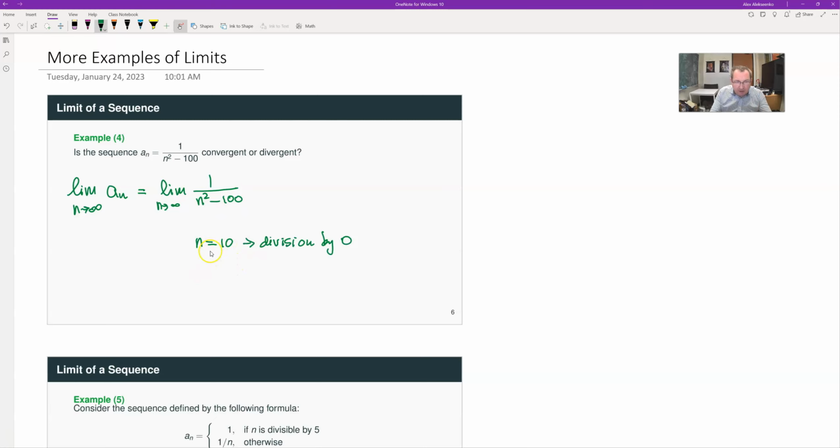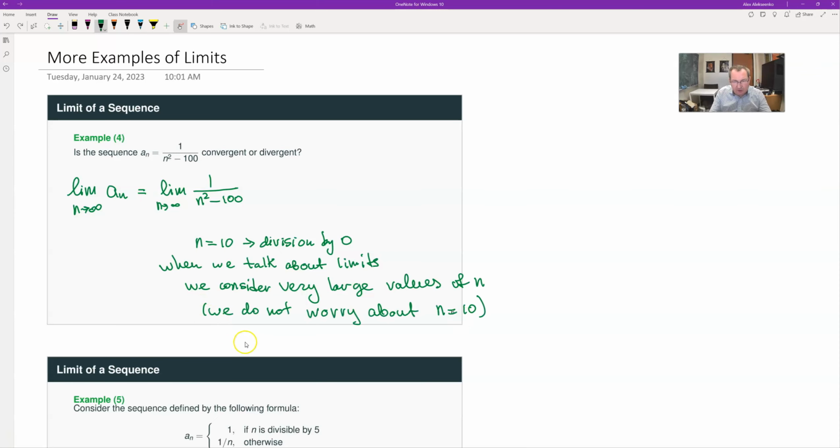But the important thing that when we talk about limits, we talk about trends for very large values of n. And that means that n equals 10 is not even important. We do not worry about n equals 10 because what we think about is n equals 10 to the 5, n equals 10 to the 10, and so on.